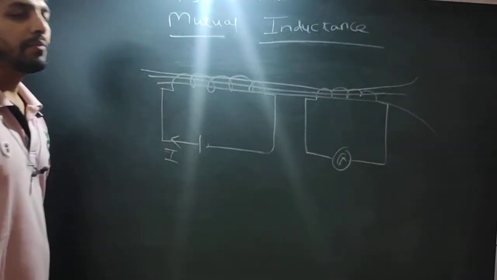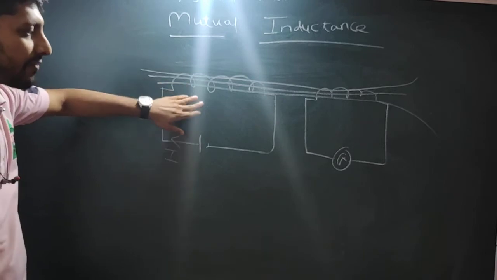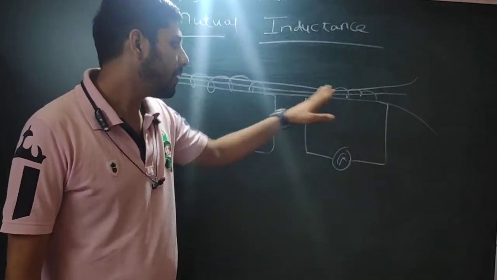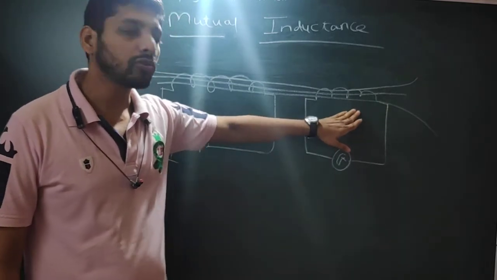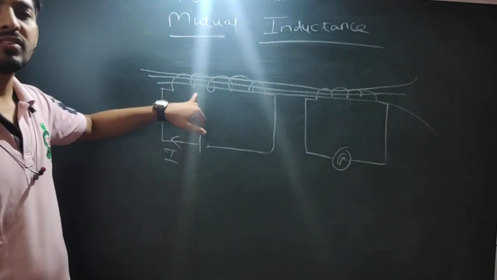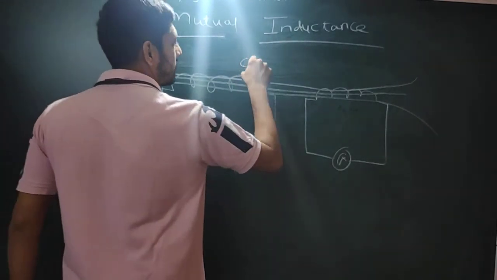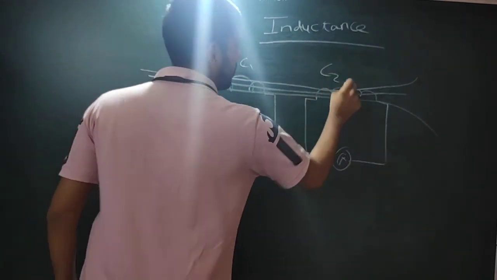So what will happen? The magnetic flux due to this coil is also linked with this coil. The magnetic flux that is linked in this coil is also linked with coil 2. Let us say this is coil 1 and this is coil 2.